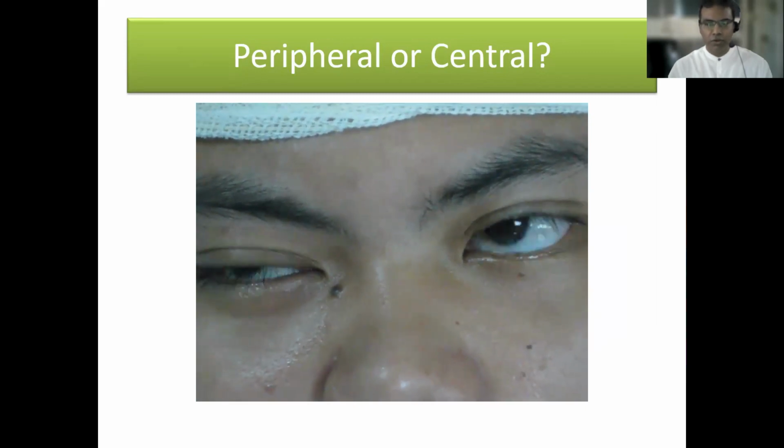So he has a horizontal right beating nystagmus, which is stronger when he looks towards the right. So he has features of a peripheral vestibular lesion on the left side. This patient actually had surgery, and this is an iatrogenic injury, and post-operatively you notice the horizontal nystagmus towards the right.